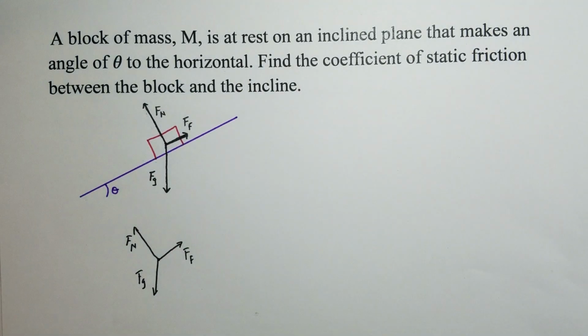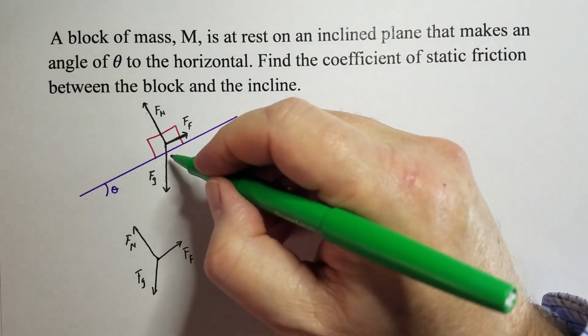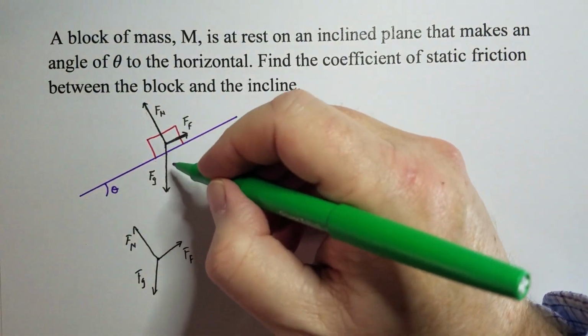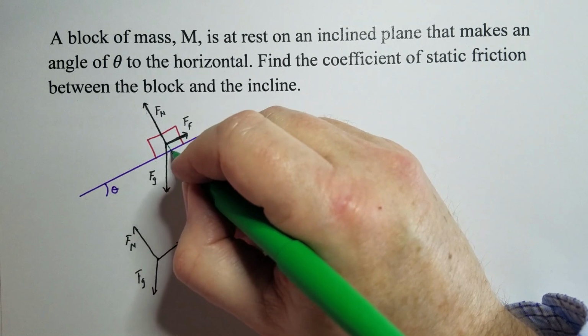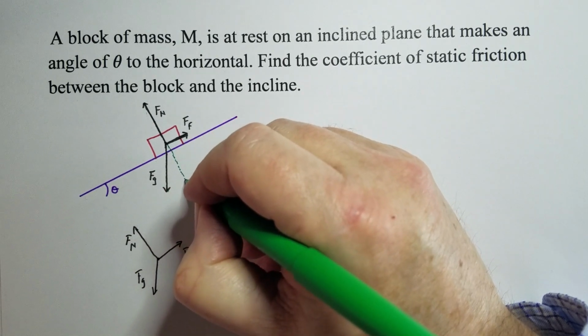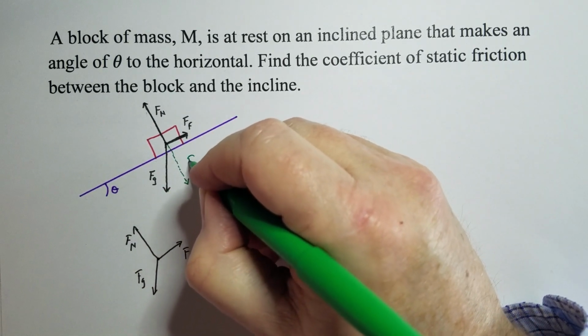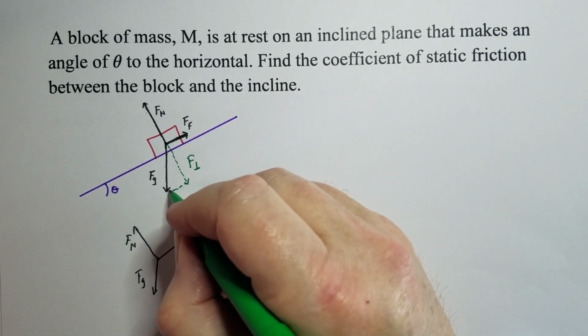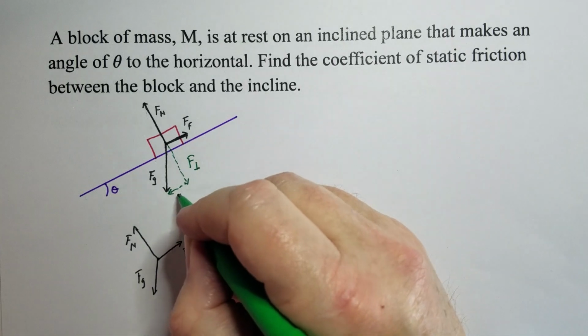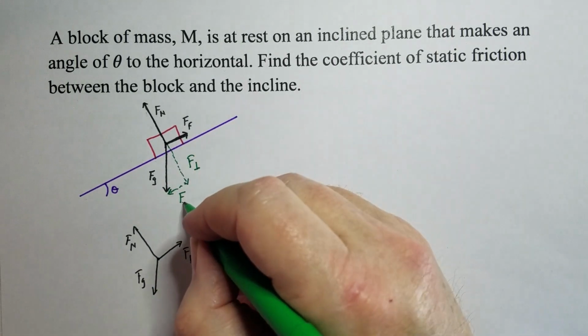And the reason why I want to do that is because I want to go up to that drawing and break this weight vector into its components, because we're going to have two components. We're going to have one component that's perpendicular to the table, and then another component that's parallel to the table, or the ramp, I should say.